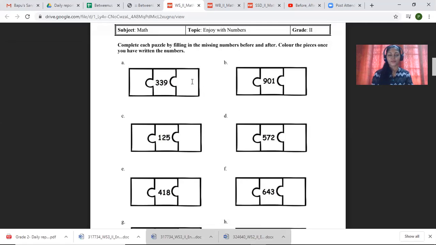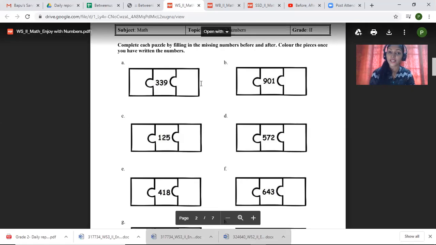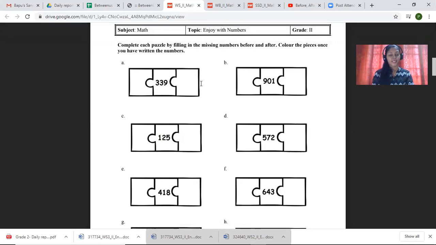Let us discuss the answer now. Before 339, we have 338. And what comes after 339? It's 340. All right. Please check your answer and put a tick mark if it is correct.